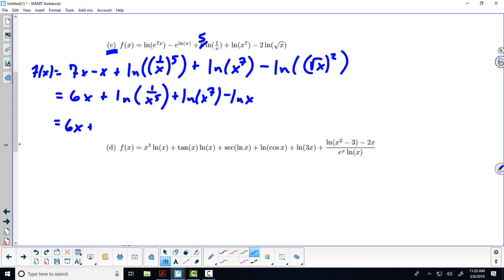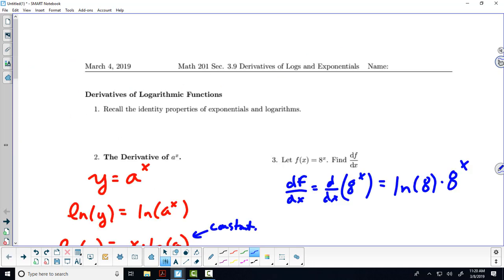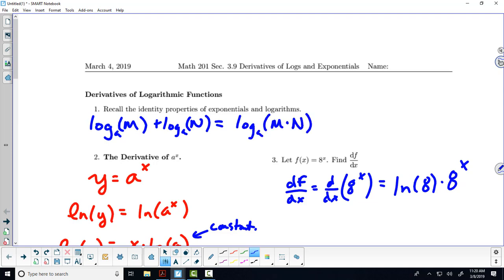I can combine them as a single logarithm if I multiply their arguments. Okay? So, I didn't review this property. Looks like I have to. If I take the log base a of m plus the log base a of n, that's equal to the log base a of m times n.